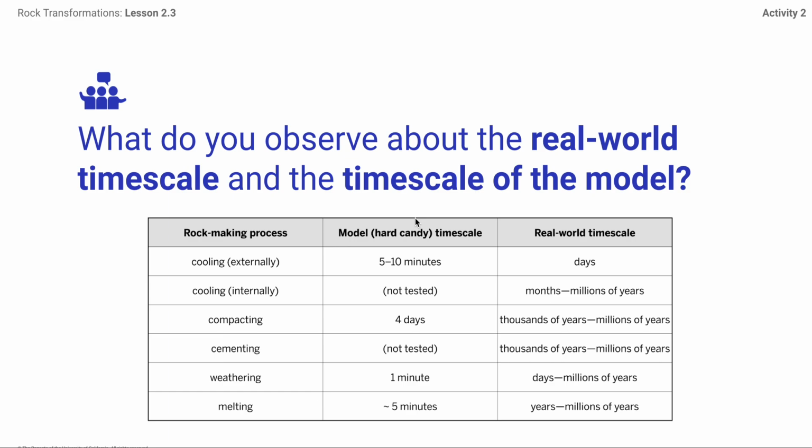The compaction and cementation, here it said it wasn't tested. We actually did test ours. And it took about actually a week for that to work. But in relative terms, this is really short compared to the real world time scale, where we're talking anywhere from days to months to millions of years.